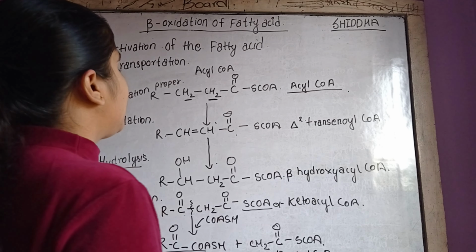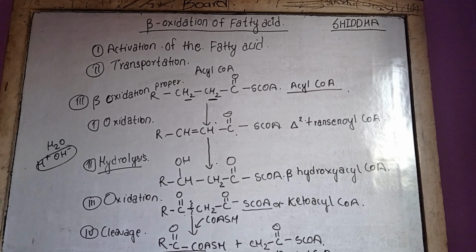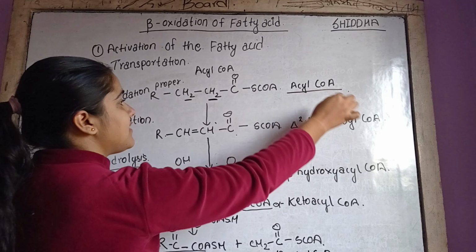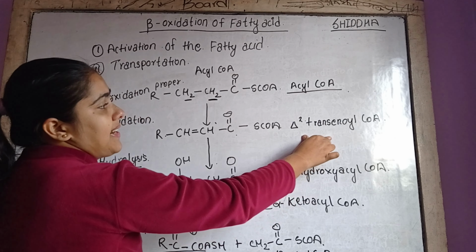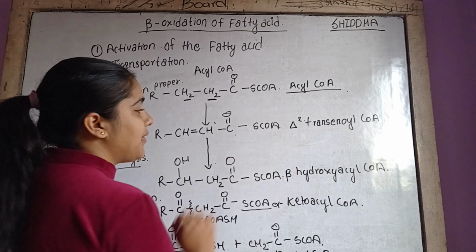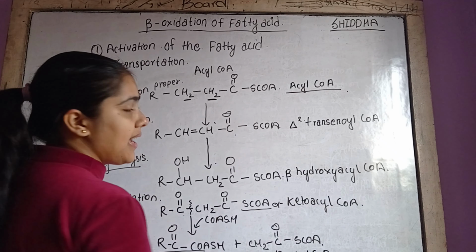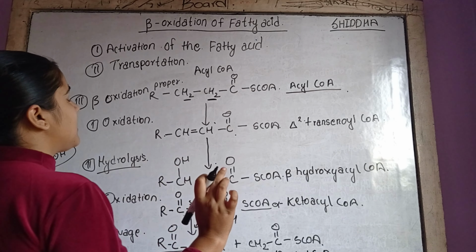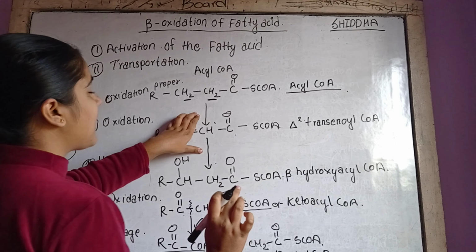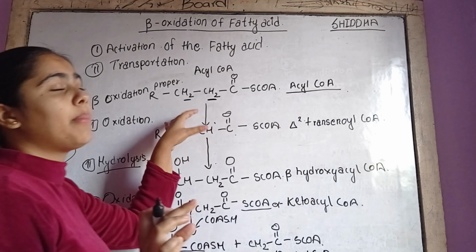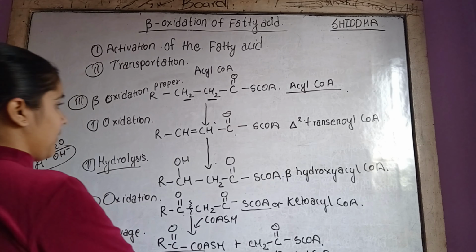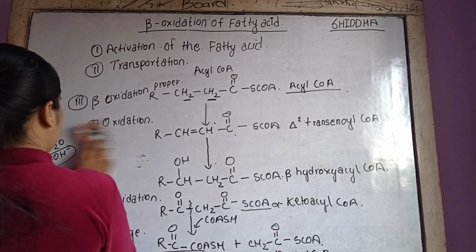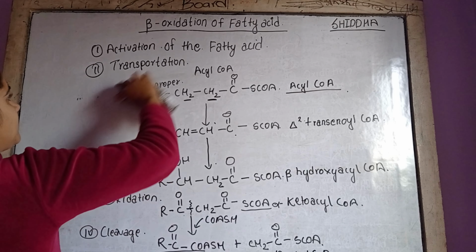So now let us write the names of the enzymes involved here. As we can see here, acyl coenzyme A, delta square transenol coenzyme A, beta hydroxy acyl coenzyme A, ketoacyl coenzyme A. First let us write the names of the enzymes, then we will discuss the energy production here.